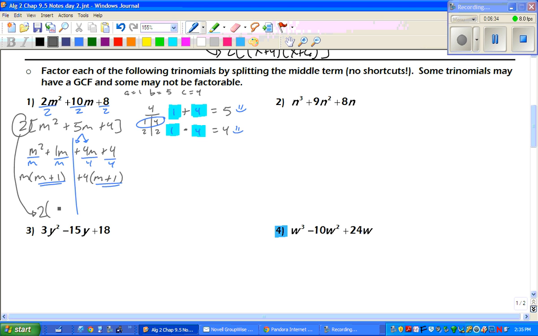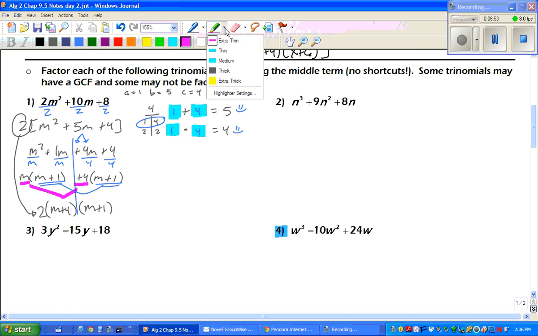So now when we're writing this, the m and the plus 4 come together, and we get m plus 4. And the m and the 1 give us m plus 1. So our answer is 2 times m plus 4 times m plus 1.